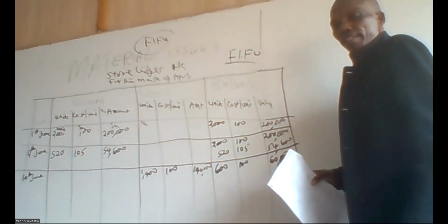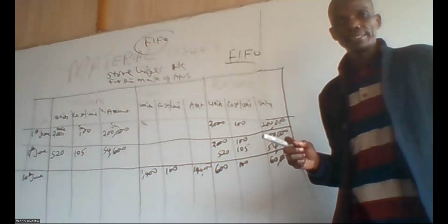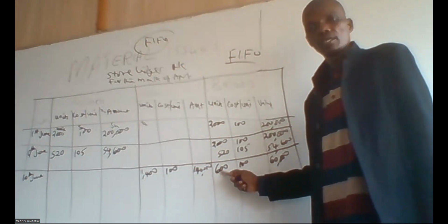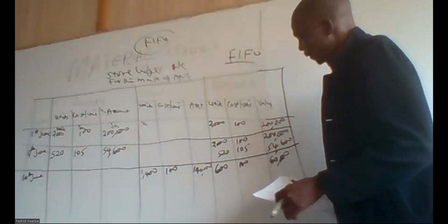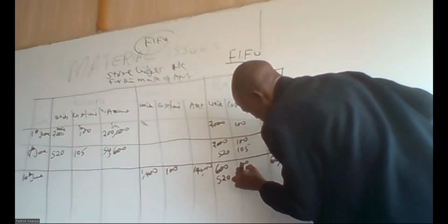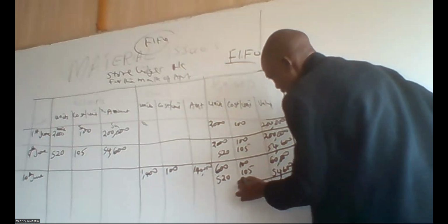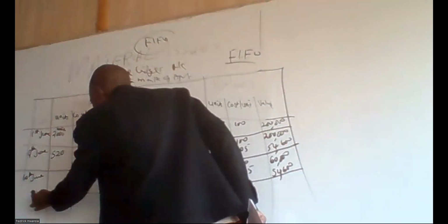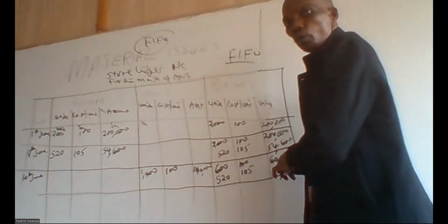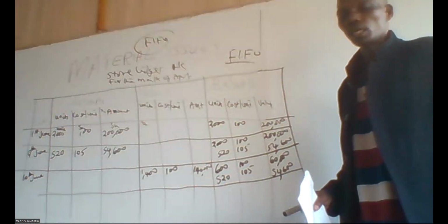It means the first consignment that we had now has 600 units available. But the second consignment is still there, 520 at 105. Remember, the reason why we are listing in this manner is for you to be able to communicate which one is to go out first, depending on the method that you're using.